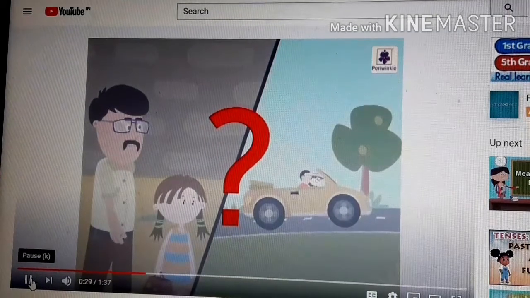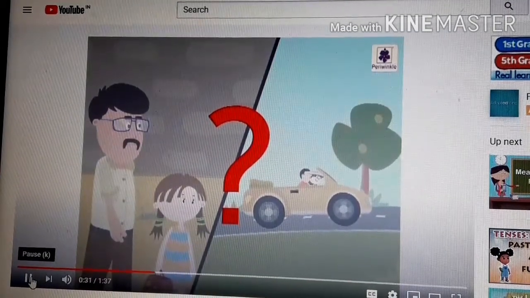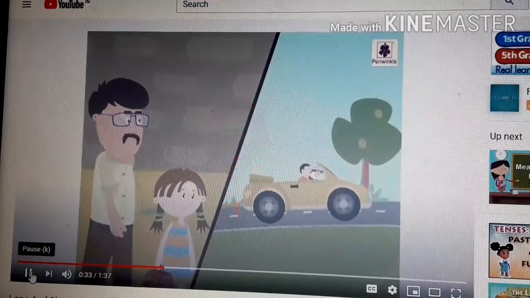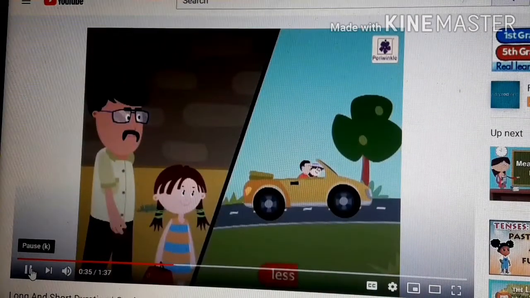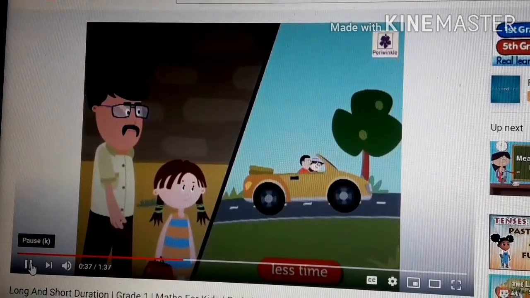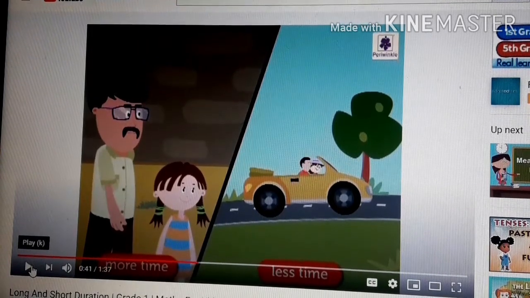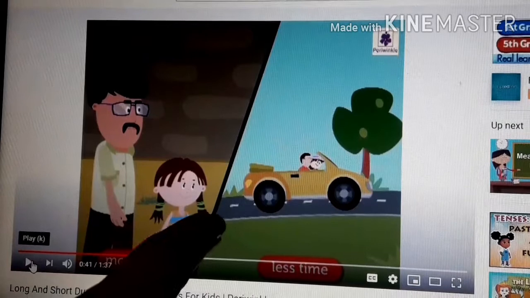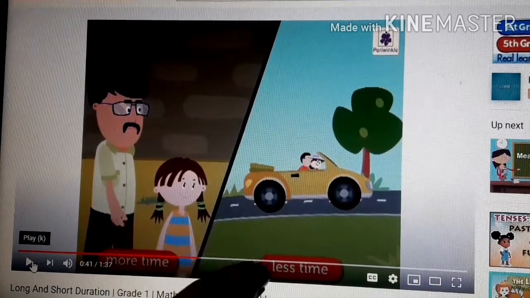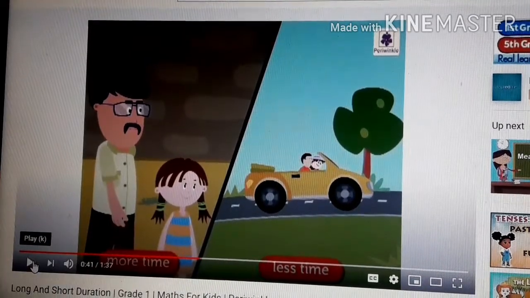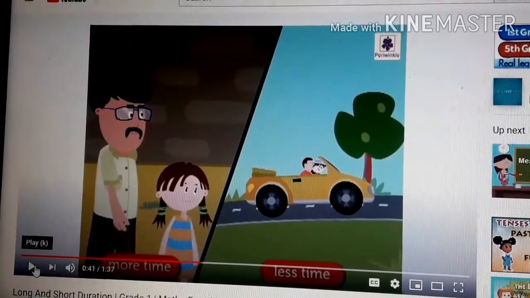So, who would cover the distance in less time? Correct. Rosie will take less time while Annie will take more time to reach the market. Rosie is going by car, so it takes less time, whereas Annie is walking, so it will take more time.